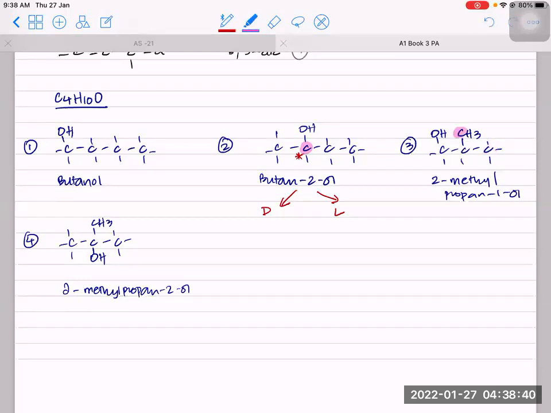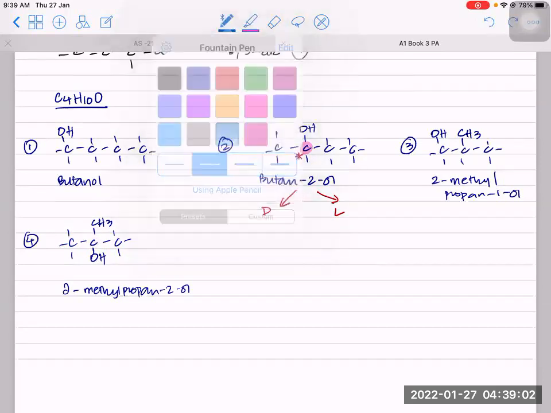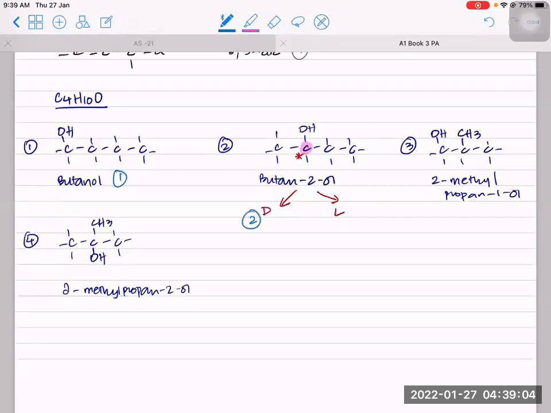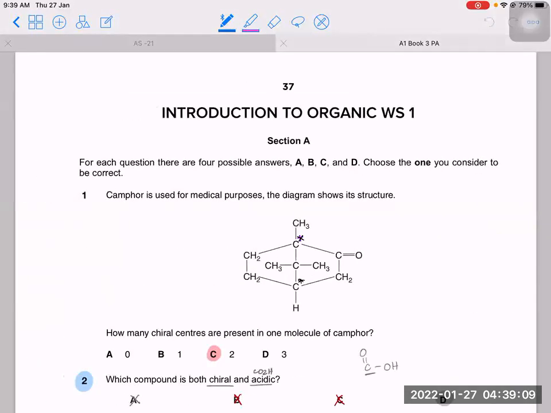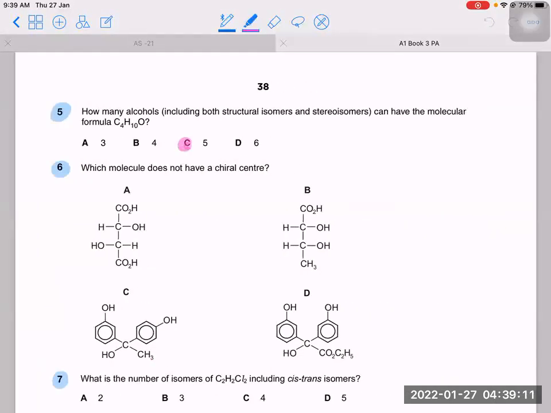No. No chiral center. The last one, the 4th one. Can this be chiral? No. Why? 3 hydrogens. CH3, CH3, CH3. So only one has a chiral center. So 1 isomer, 2 isomer, 3 isomer, 4 isomer, 5 isomer. Clear?